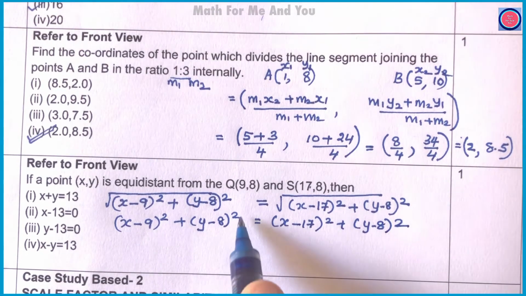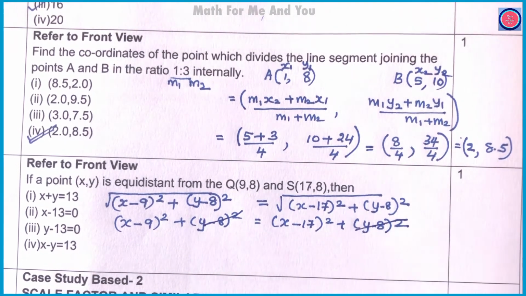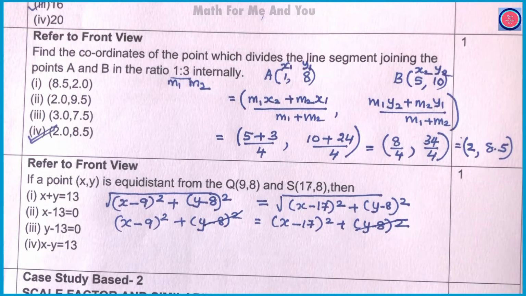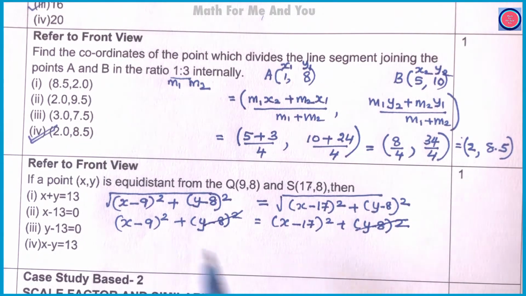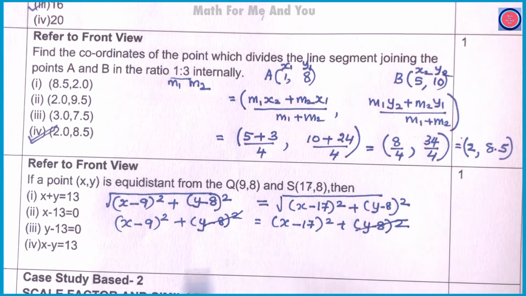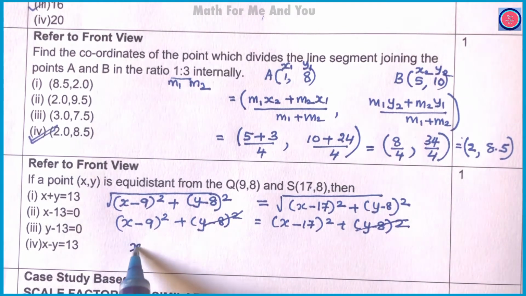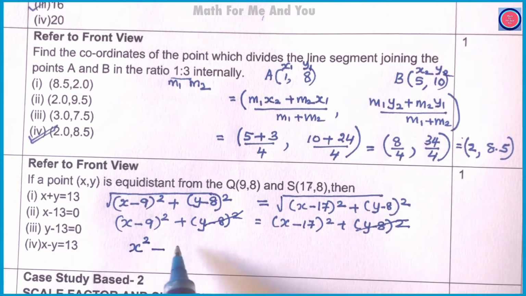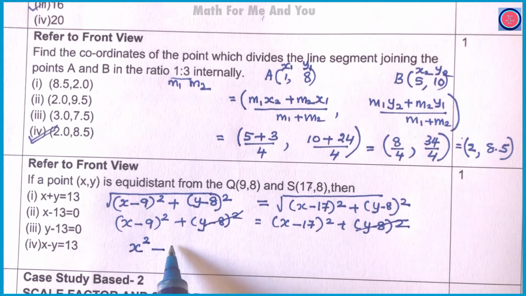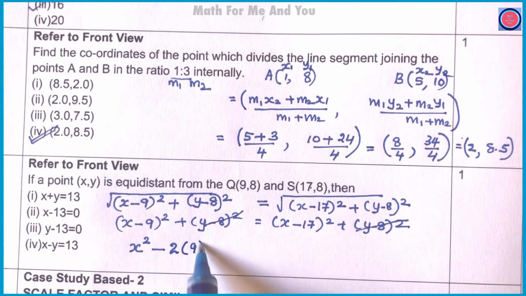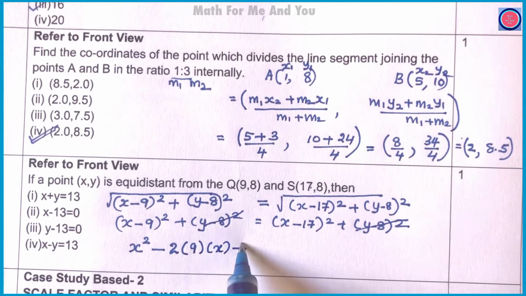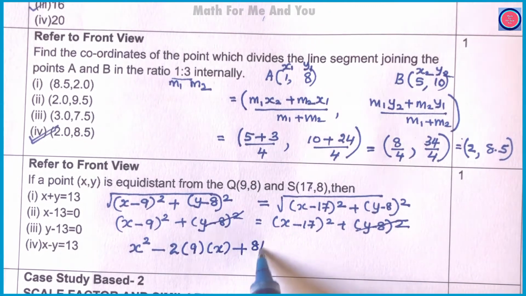Look at the left side, right side. Yes, we can cancel y minus 8 the whole square from both sides. And what remains? X minus 9 the whole square is equal to x minus 17 the whole square. We can remove the bracket or expand using the formula a minus b the whole square. So x square minus 2 times 9 times x plus 9 square is 81.